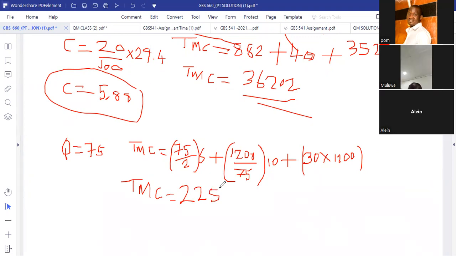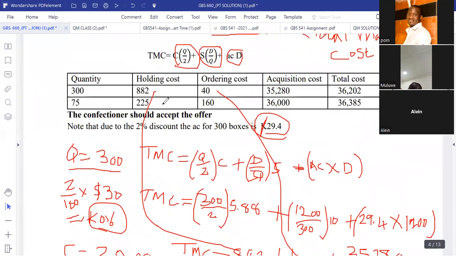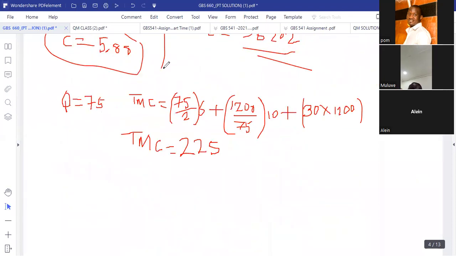The 225 is already sorted out for when buying 75 boxes. That's where it's coming from. Then plus the other one, which is 1,200 divided by 75 times 10, which is 160. So that's where the figure is coming from.